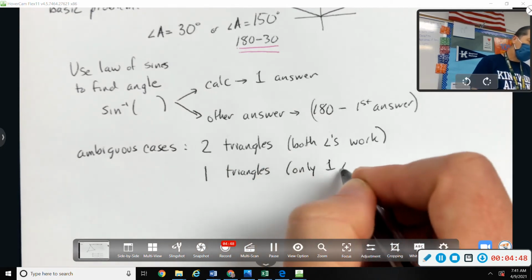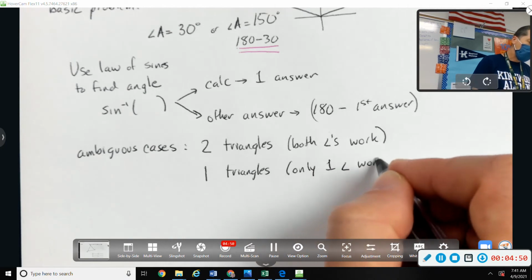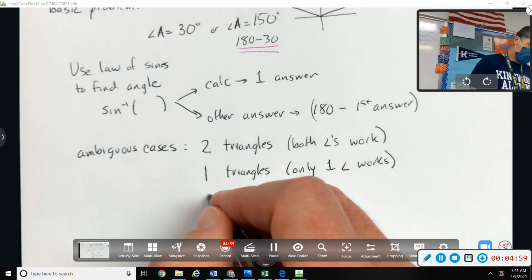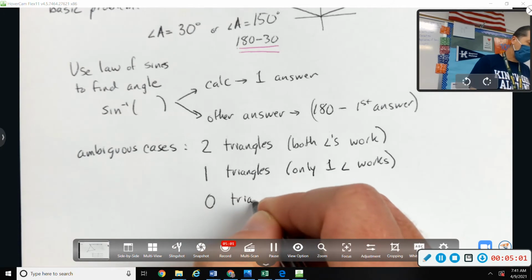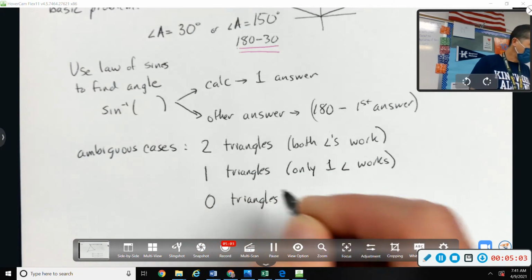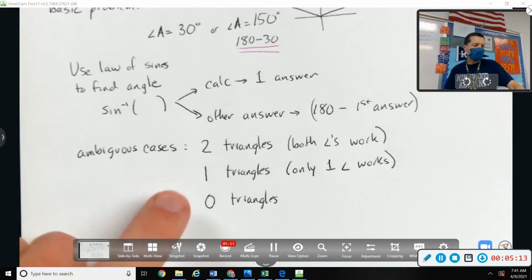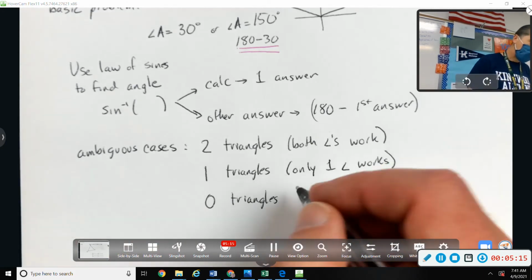So only one of those angles works. And it can even happen that there's no triangles. That's really our favorite case because there's really nothing to do. And you discover that early on that there aren't any triangles, and so you're just done with the problem. So you like these because they're not much work.